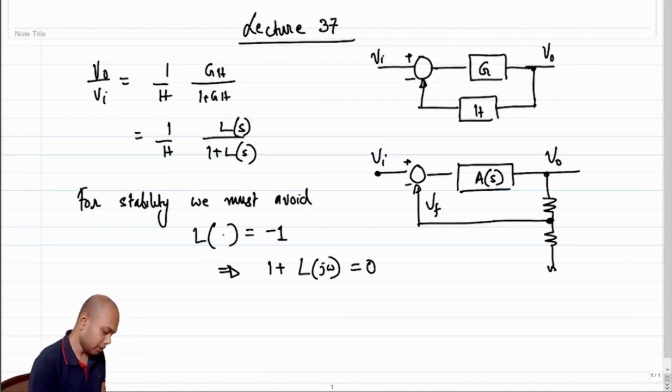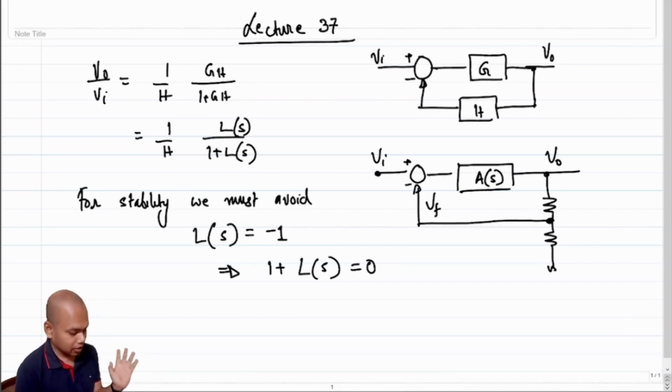Let me put it in the s domain, because we know s equals j omega, we can use either. If we can avoid 1 plus L of s equal to 0, then we know that this will be stable. But we know one more thing.